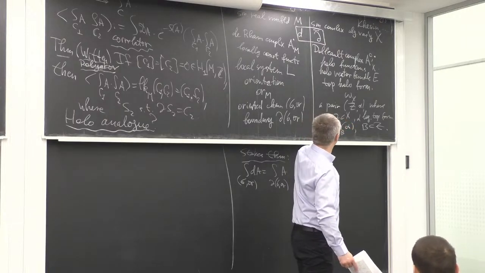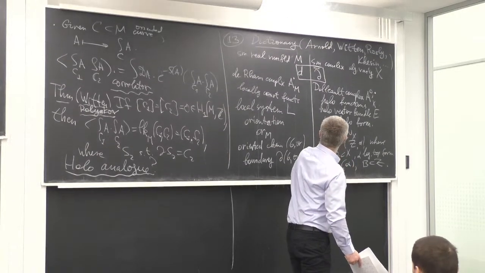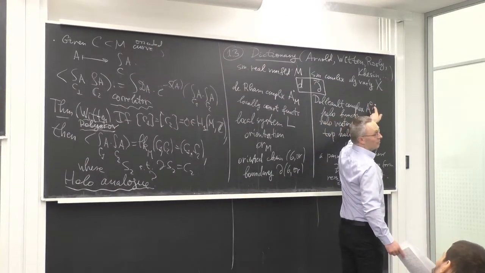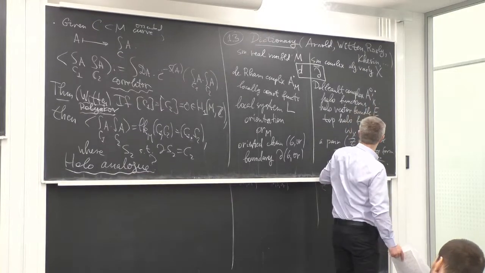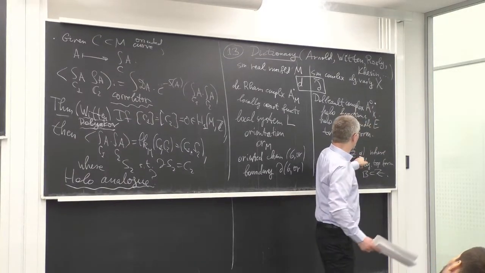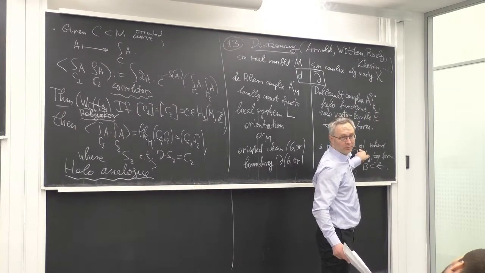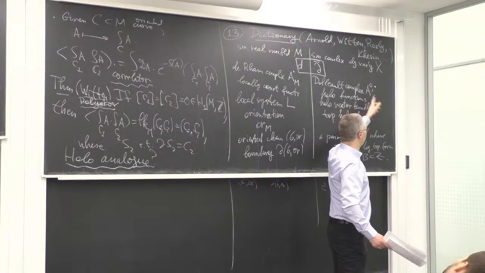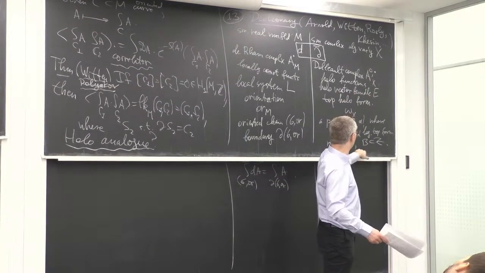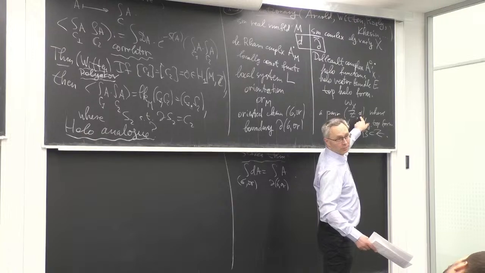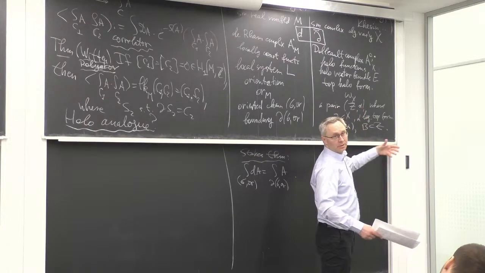If you have some form, a (0,p) form, and we have some cycle with top holomorphic p form, we can just restrict our (0,p) form to the cycle, wedge it with the given orientation, and then integrate against the cycle.